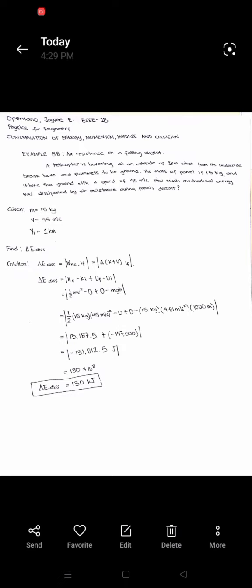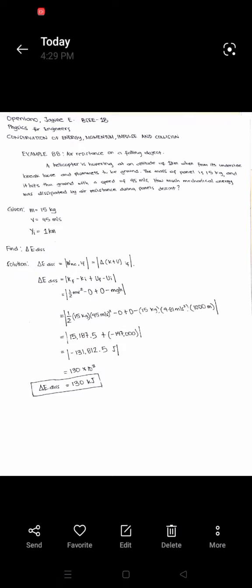So the answer is the absolute value of 15,187.5 plus negative 147,000. So the answer is equal to the absolute value of negative 131,812.5 joule.